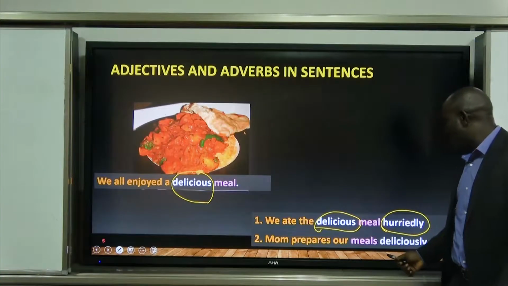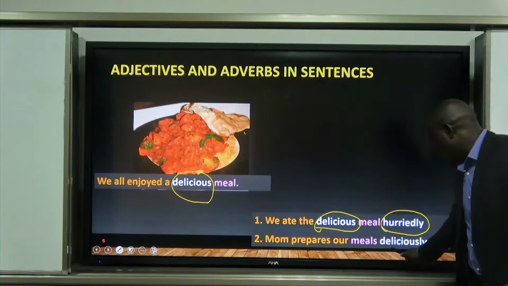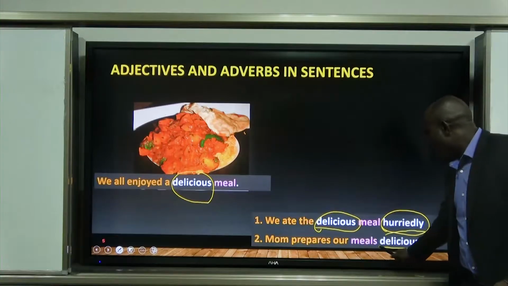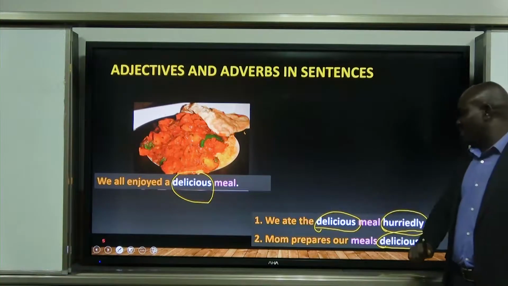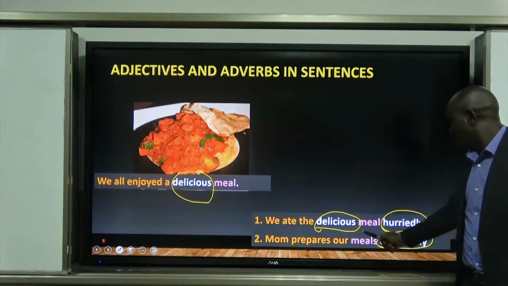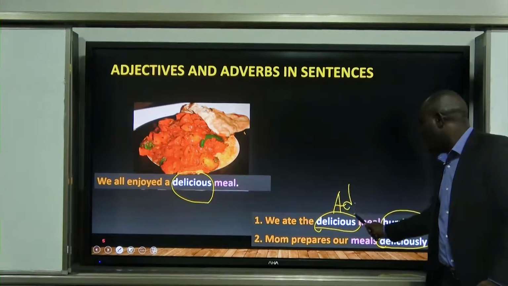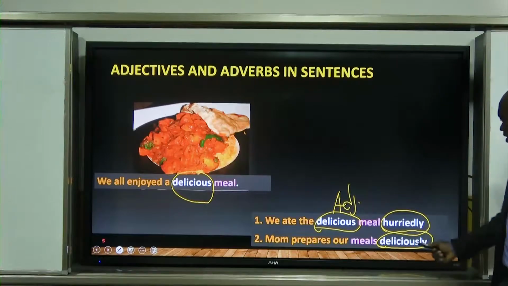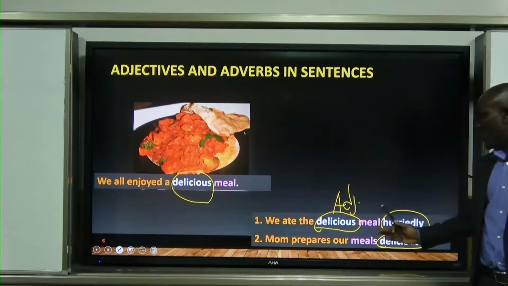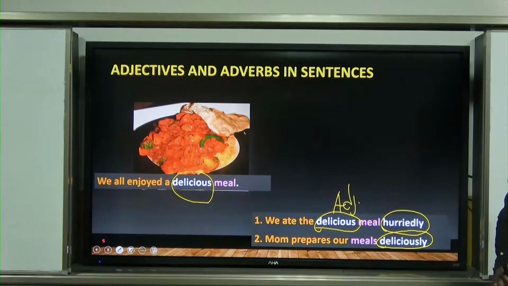Mom prepares our meal deliciously. Here we say we ate the delicious meal, delicious here being an adjective. Okay? But here, Mom prepares our meal deliciously. Deliciously, stating how.